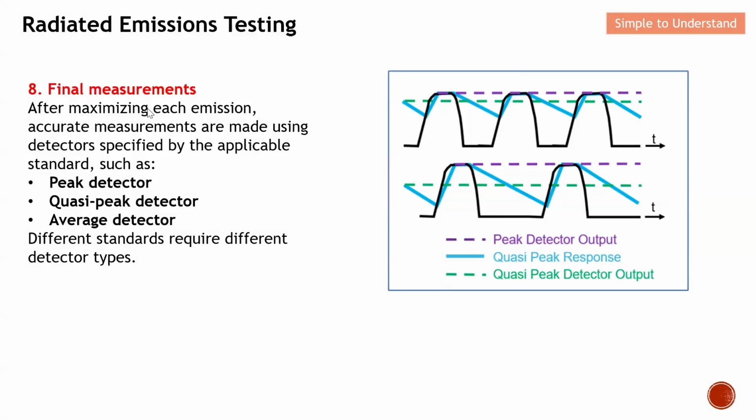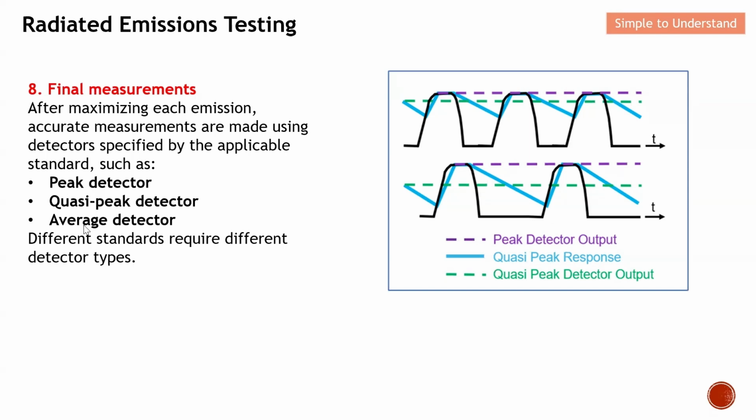Let me come to the final measurement. After getting the maximum worst case emission by the EUT, we are going to use three types of detector: the peak detector, quasi-peak detector, or average detector. Basically, different standards require different detectors. In this video, unfortunately, I'm not able to explain the three different types of detector.